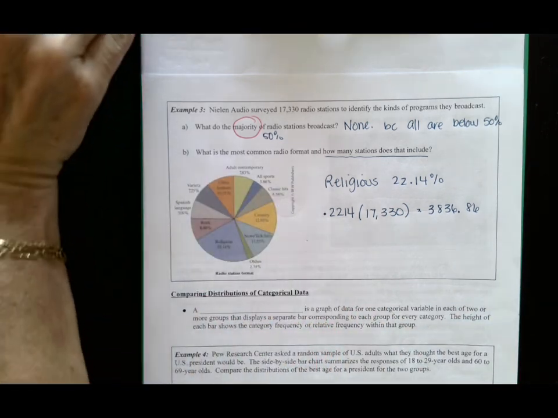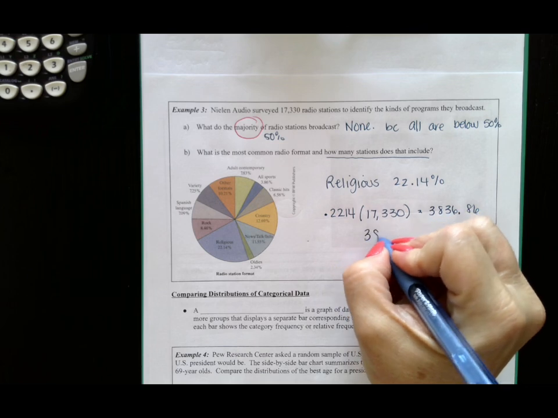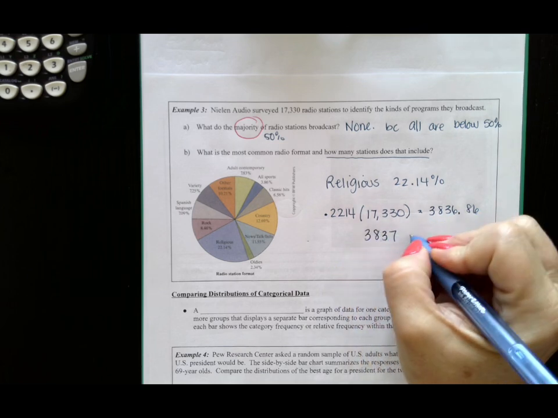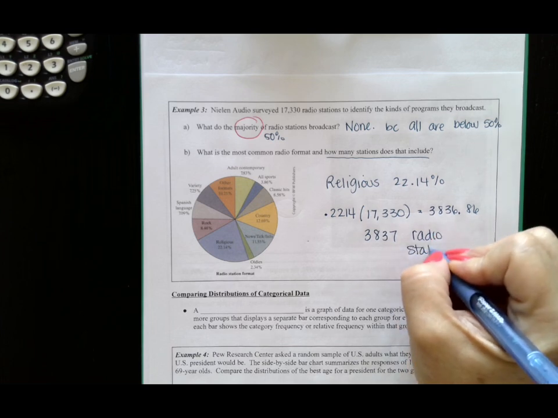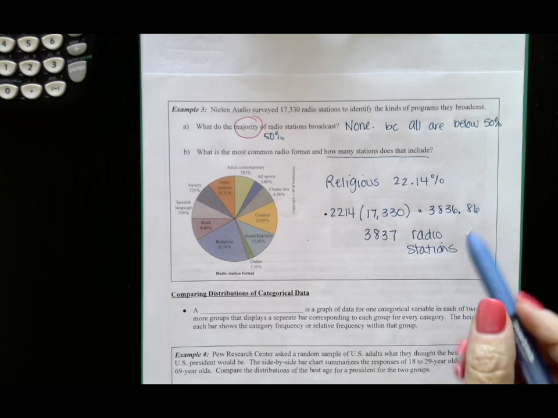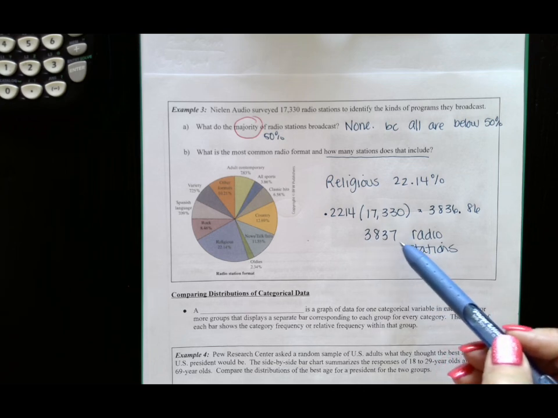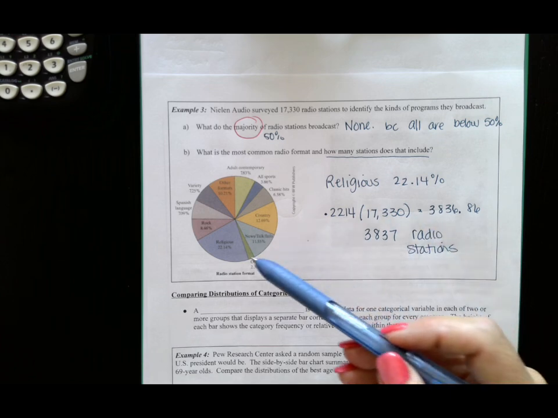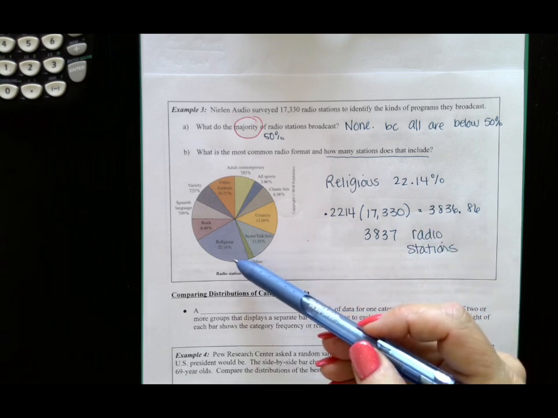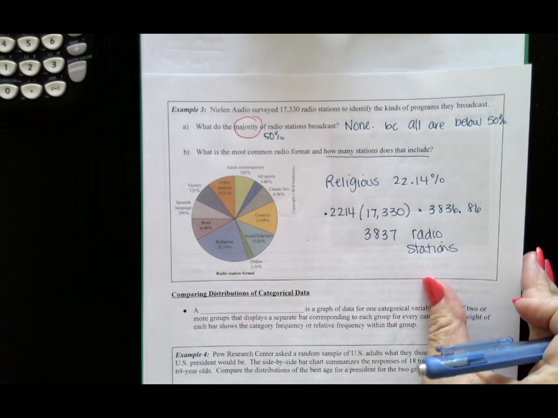Now, we can't have 0.86 of a station, so what we're going to do is round up, and we're going to say 3,837 radio stations. Now, if this was on a free response question, we would really say 3,837 radio stations broadcast the most common radio format, which is religion. Okay, so be very specific if you're on a free response question.